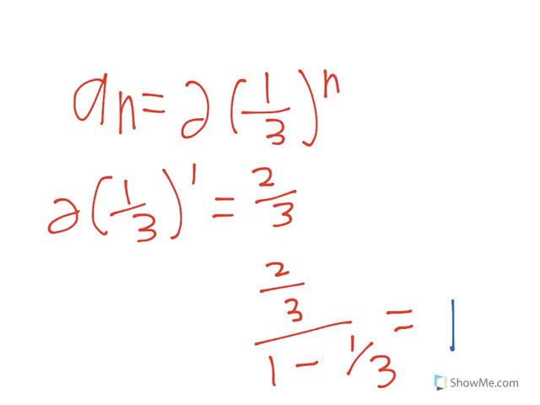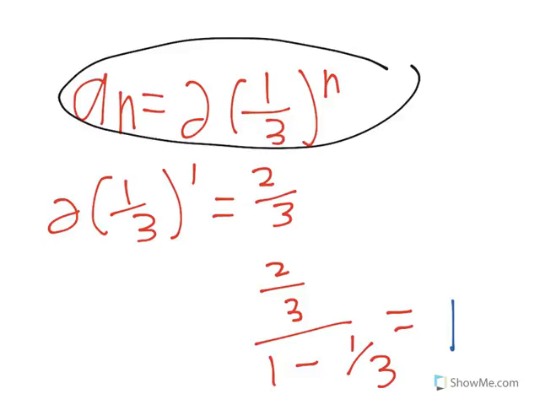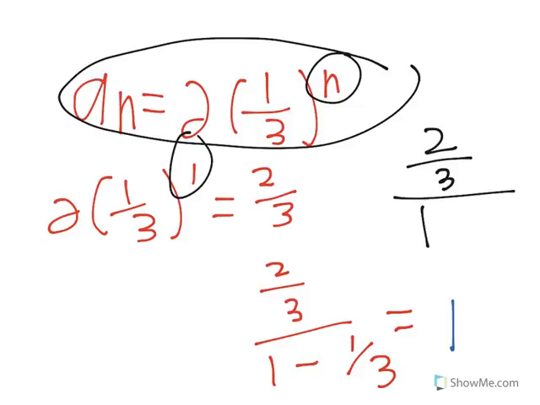Okay, and if you look over here, it's going to give you this equation, and so you have to find the first term. So we just plugged in 1 for n over here, and then we got 2/3. So we know that it's going to be 2/3 over something, so it's 2/3 over 1 minus, and then if you look right here, you can tell that this is r because r is the rate it's decreasing or increasing.